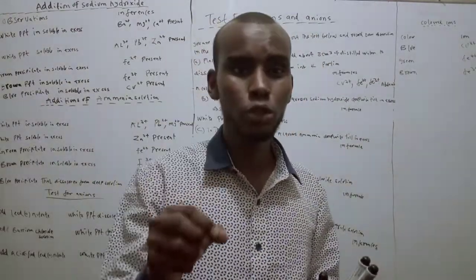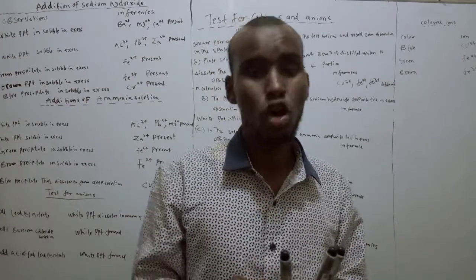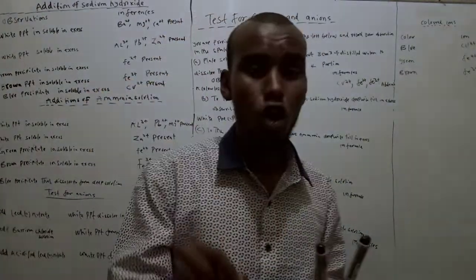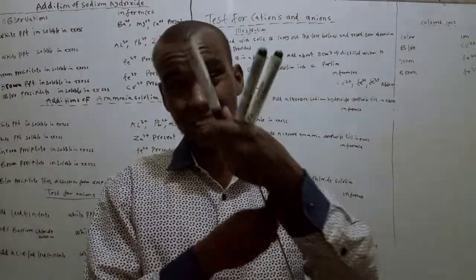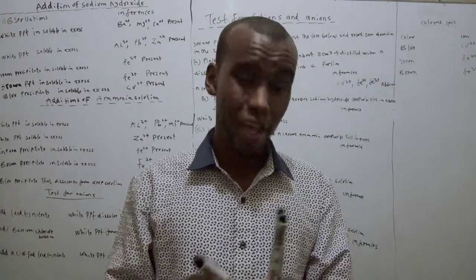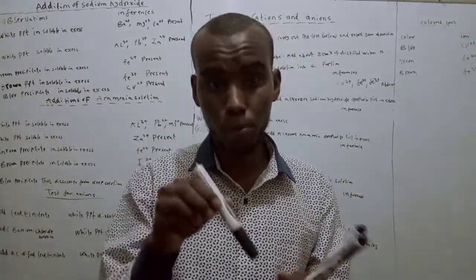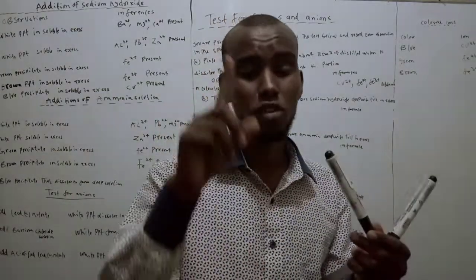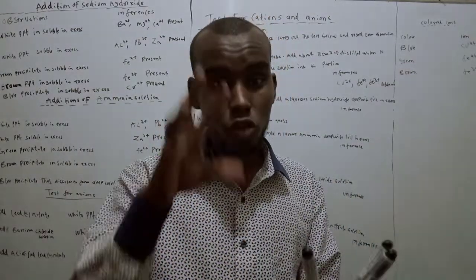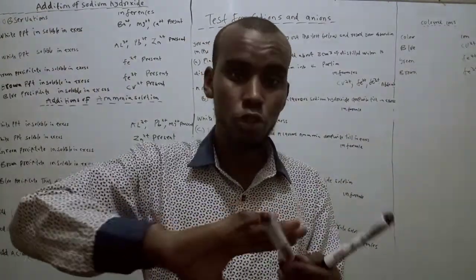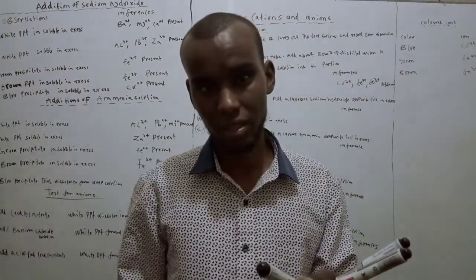For you to differentiate whether it is soluble or insoluble, this is the trick that you normally use. If it is a white precipitate soluble, it will only form one layer. That means that milky solution will only have one layer. But if it is insoluble, it will form different layers that we will see out of the milky solution.